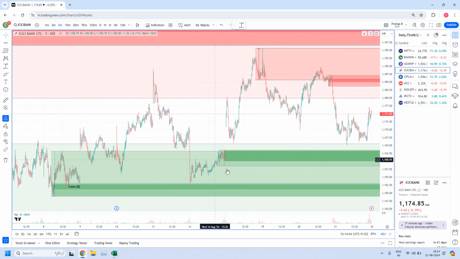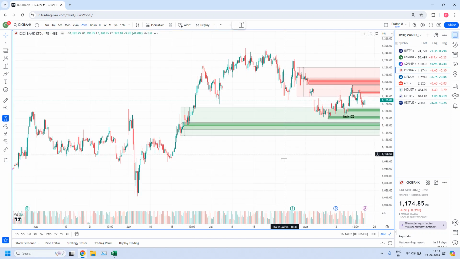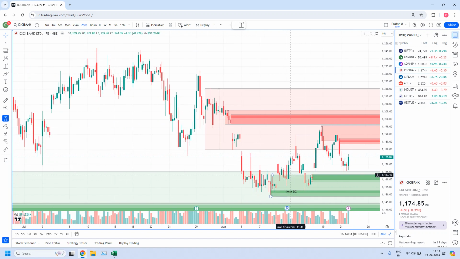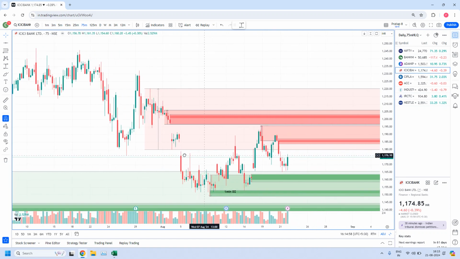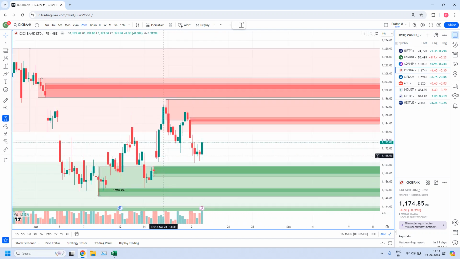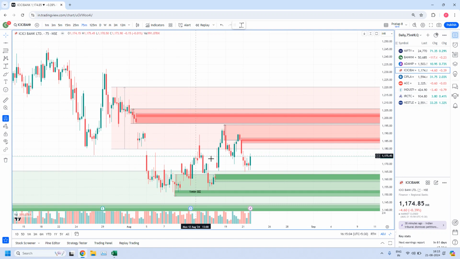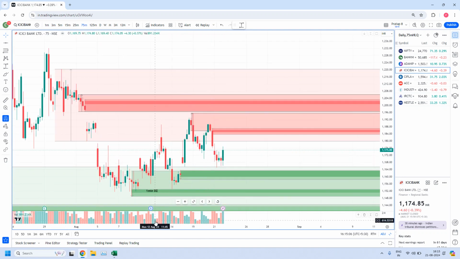At the time, ICICI Bank created a new 15-minute zone here. Here we already have a 75-minute zone. We have a drop, 3 base candles and a rally.